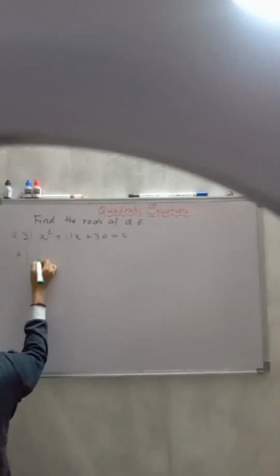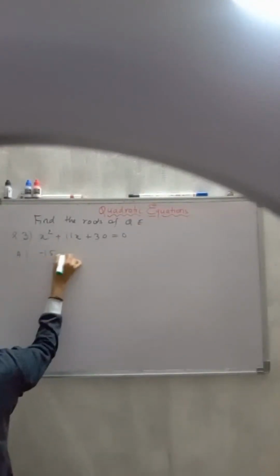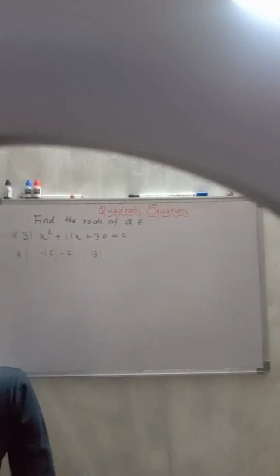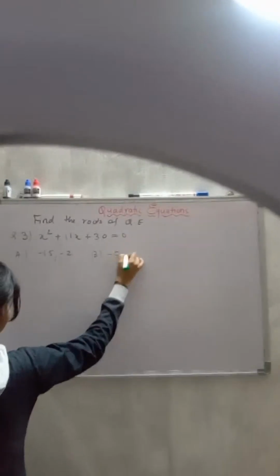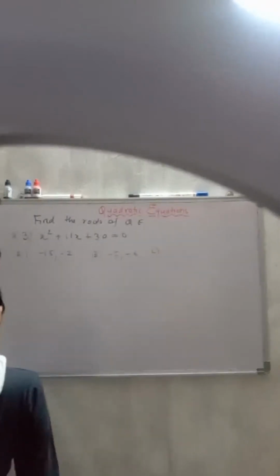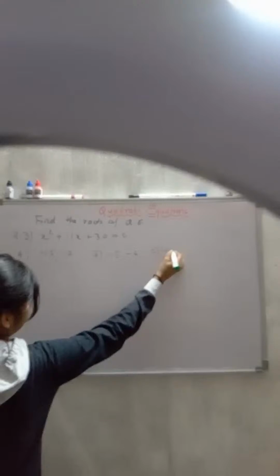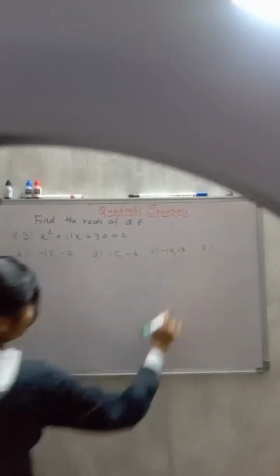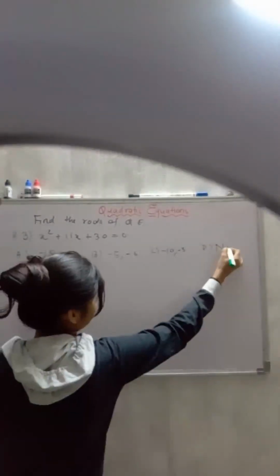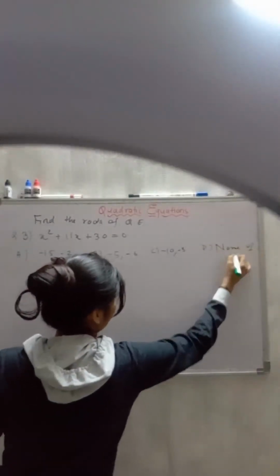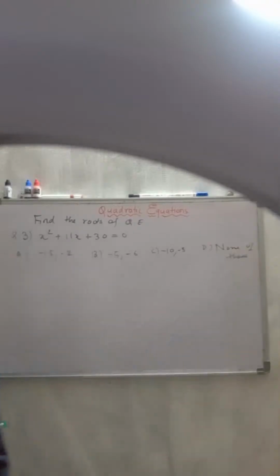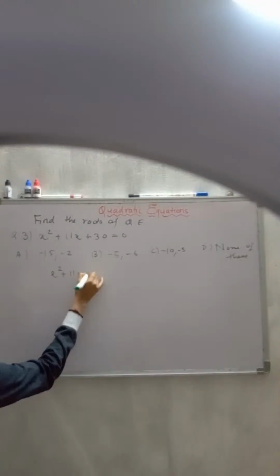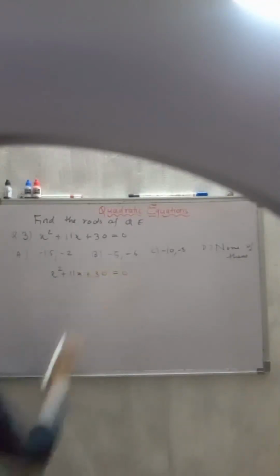And the options are A minus 15, minus 2; B minus 5, minus 6; C minus 10, minus 3; or D none of these. So we have quadratic equation x square plus 11x plus 30 equal to 0.